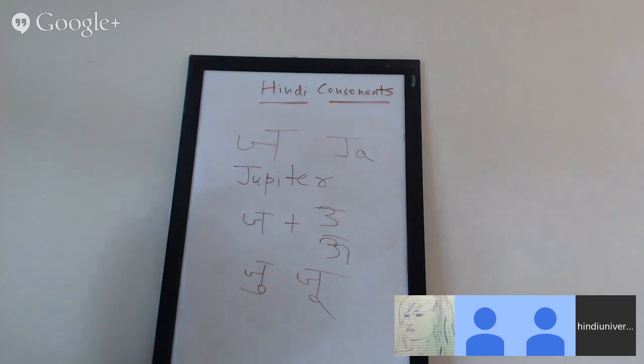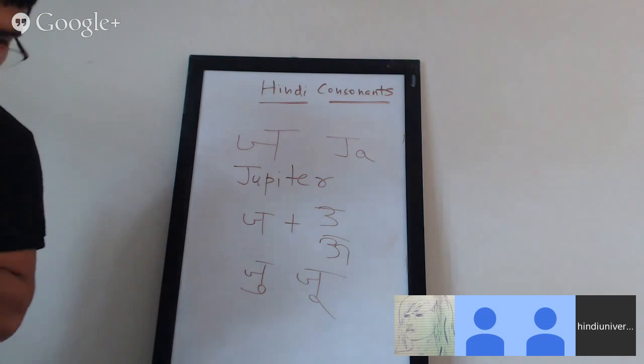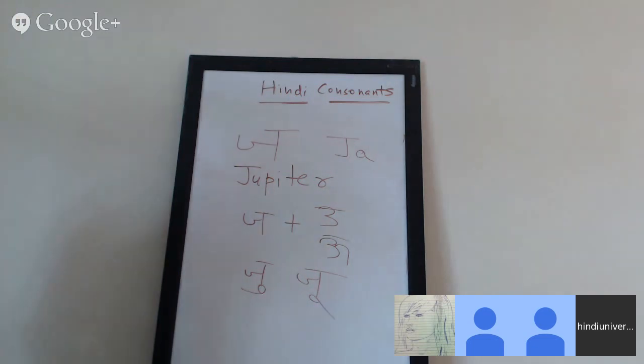Any other examples you can think of with J, even if it is in your language, feel free to write them down, so that way we can cover it on the whiteboard as well. Any questions? Is it clear, this particular consonant? Okay.